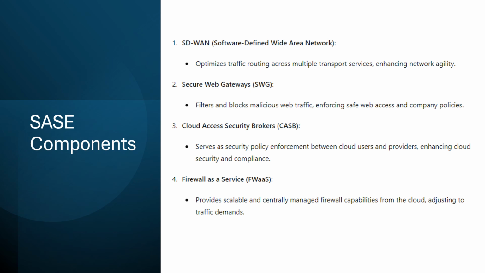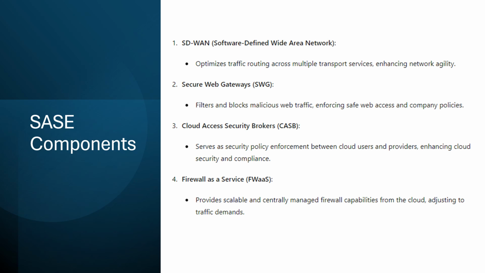Two, secure web gateways, which filter and block malicious web traffic, enforcing safe web access and company policies. Three, Cloud Access Security Brokers, or CASB, which serve as security policy enforcement between cloud users and providers, enhancing cloud security and compliance.